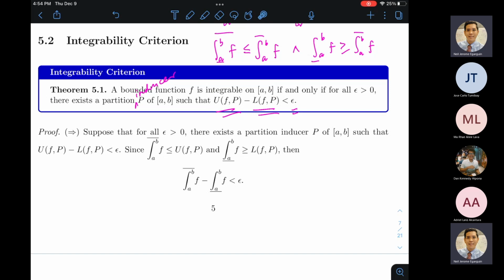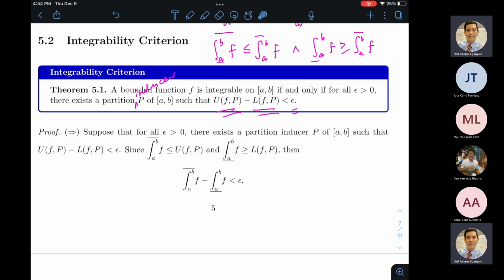Ano yung logic behind this criterion, okay? Kasi ang sinasabi niya ay kahit paliitin natin ng paliitin yung epsilon, all right? Lagi akong may mahanap na partition P ng [a,b] na ibibigay sa akin na upper Riemann sum minus the lower Riemann sum ay laging mas maliit kay epsilon. So ibig sabihin, palapit ng palapit yung upper Riemann sum sa lower Riemann sum.